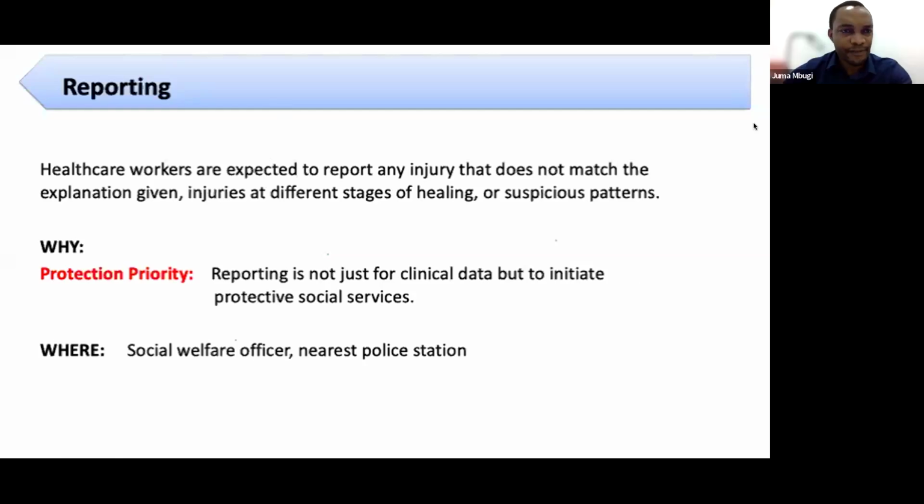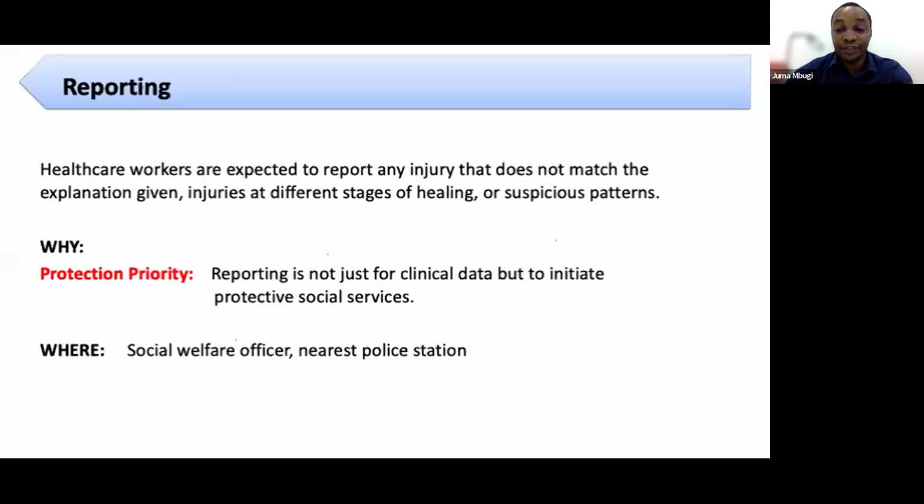Okay. So it's upon us clinicians to report such incidences, because if we don't, somebody's life will be lost. And why do we report? It's not just for clinical data documentation, but the goal of reporting is to initiate protective social services for the child.